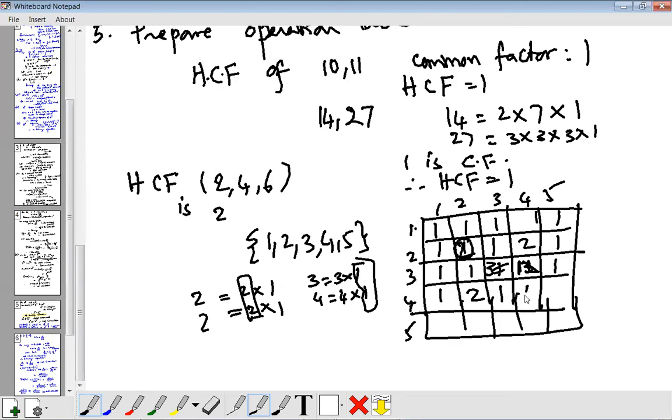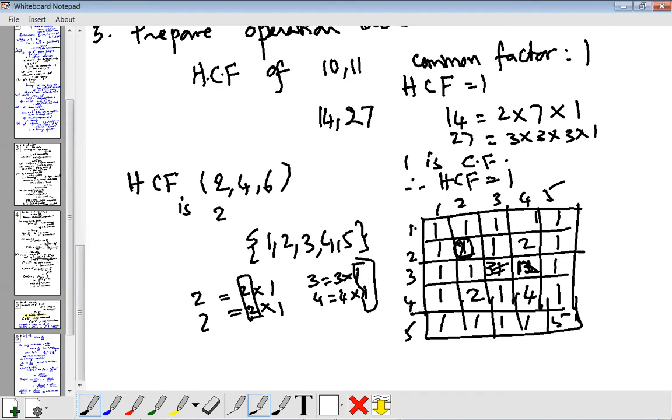This will be 1 now. Correct. 1, 1, also 1, 1, 5. Yeah. Now look at the table.